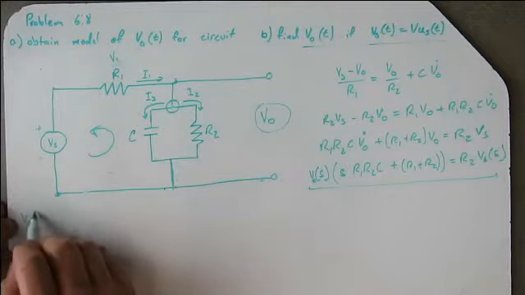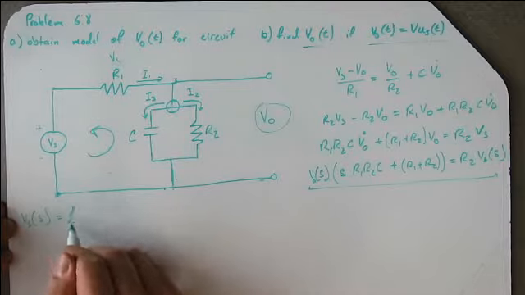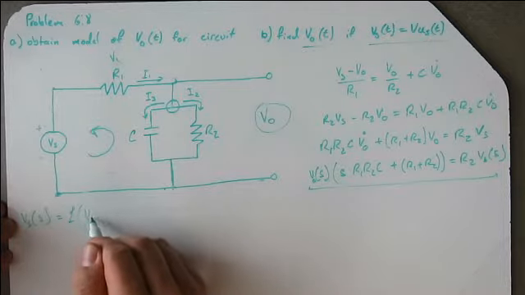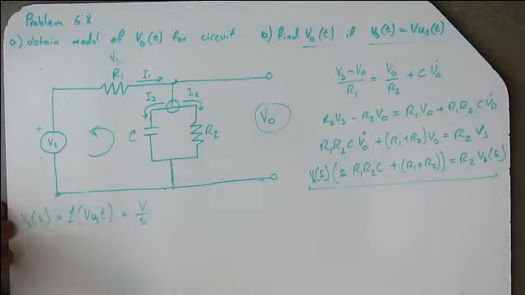And then Vs of S equals the Laplace transform of V u(t), which equals V over S. Okay, so then I'll have V out of S equals, moving that over here, and I'm going to put S R1 R2 C plus R1 plus R2.